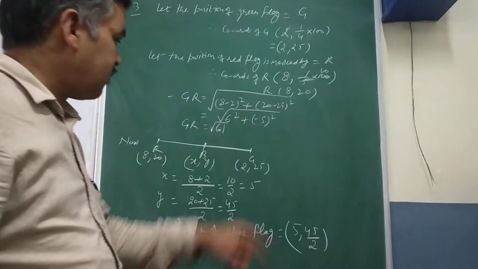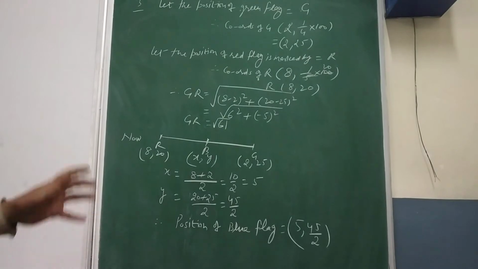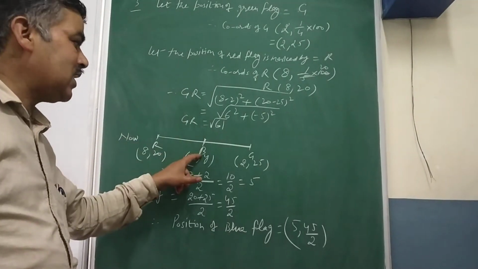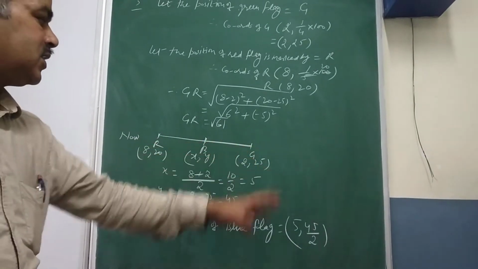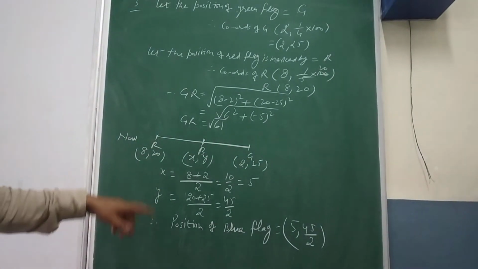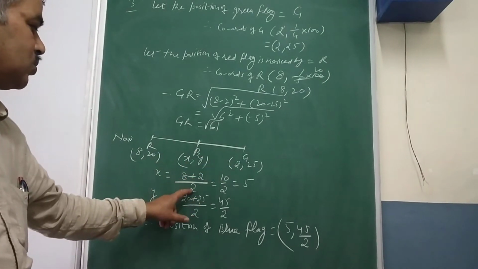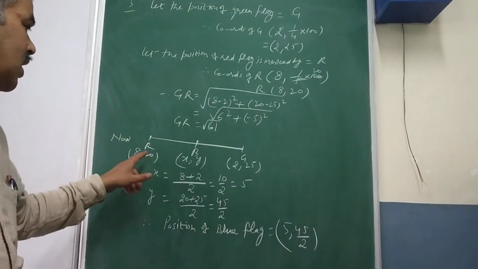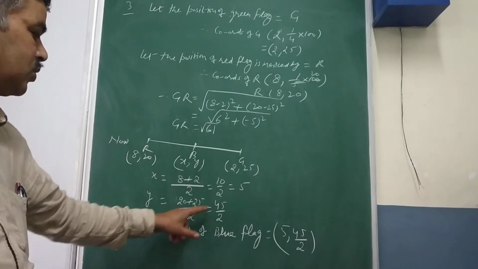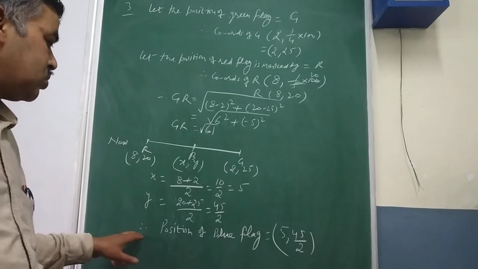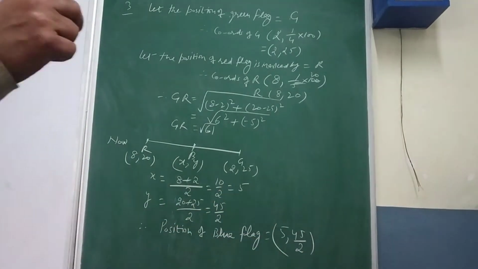Let the coordinates of blue be X and Y. As it is given that this lies exactly between R and G, R, B and G are collinear points. So x I can use as x1 plus x2, that is 8 plus 2 upon 2, that is 5, and y is y1 plus y2, 20 plus 25 upon 2, that is 45 upon 2. So the position of the blue flag will be 5 and 45 upon 2.